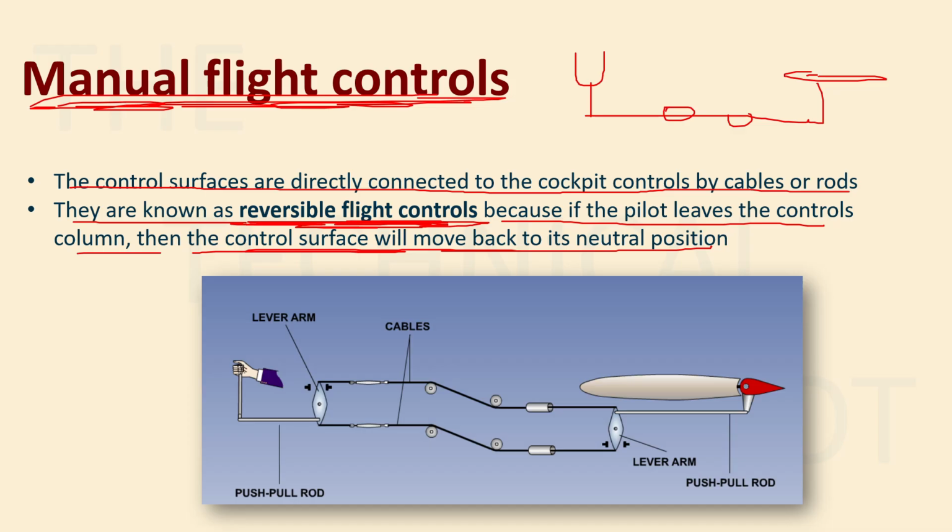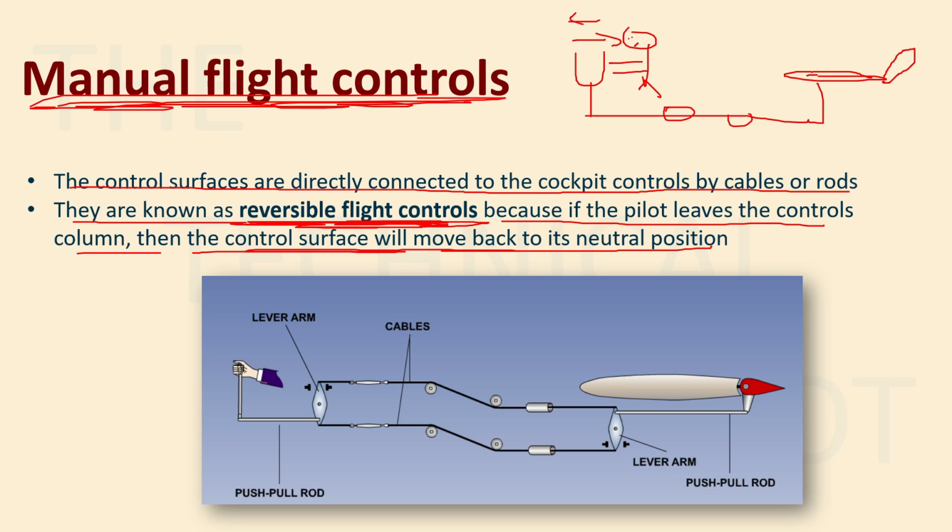See, so this is my pilot holding the control column. And for example, the pilot is pulling the control column towards him, which will cause what? The aircraft nose to go up and the elevator surface will also move upwards, right? Now, if the pilot gets tired and decides to leave the yoke, the yoke comes back to neutral position.